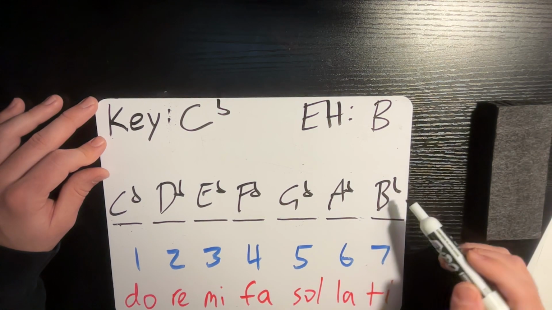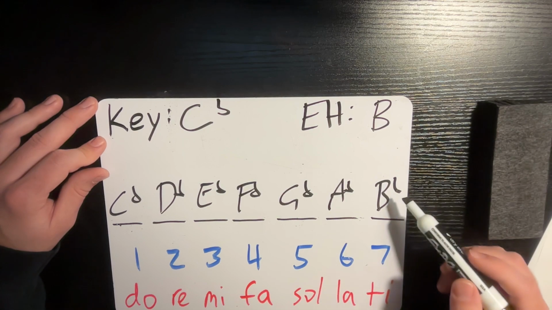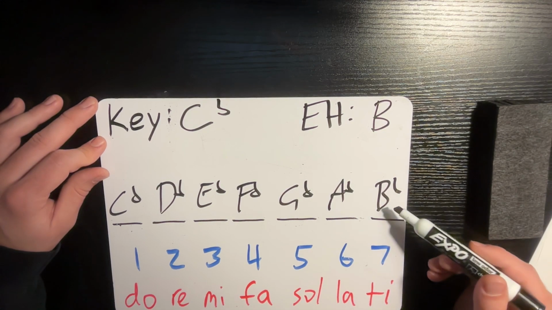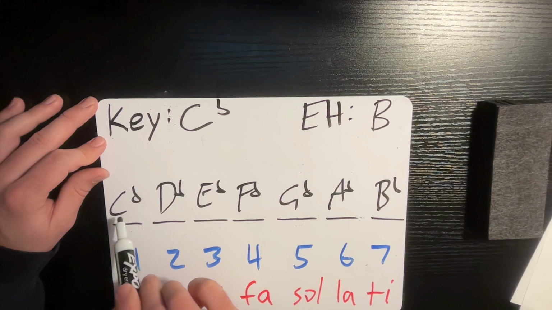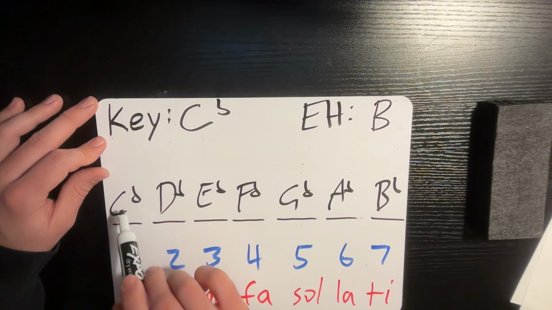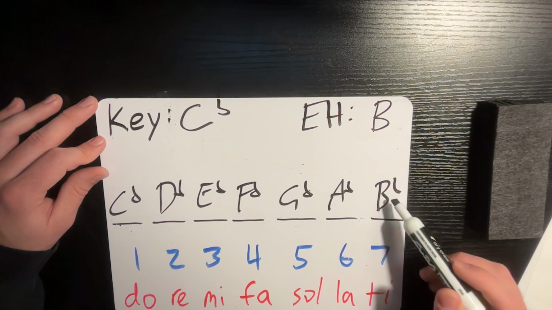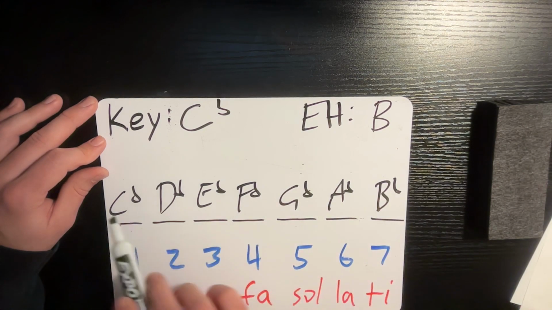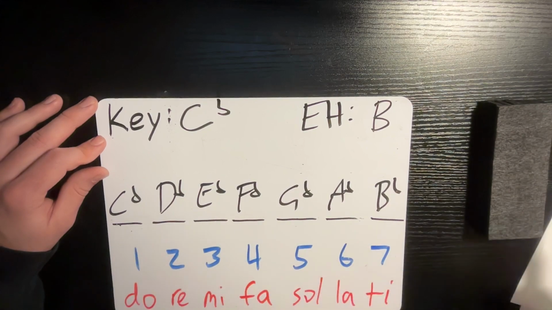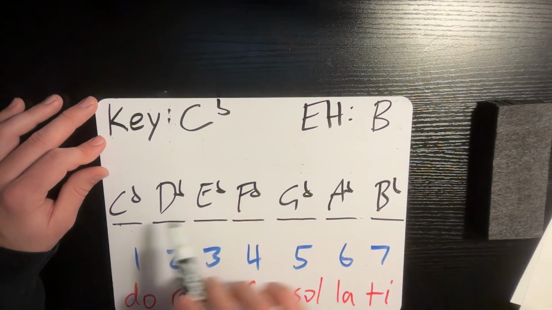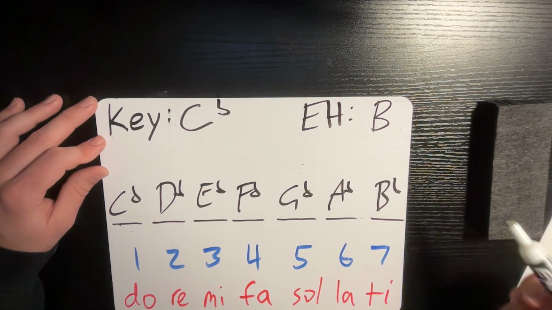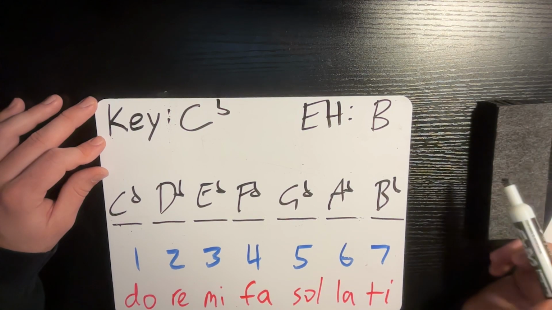So B has to be flat, and B flat is 1/2 step below the key, which is B normally. Remember, enharmonically, B flat is also the same as A sharp. From A sharp to B, 7 to 1 is a 1/2 step. So from B flat to C flat is also a 1/2 step.